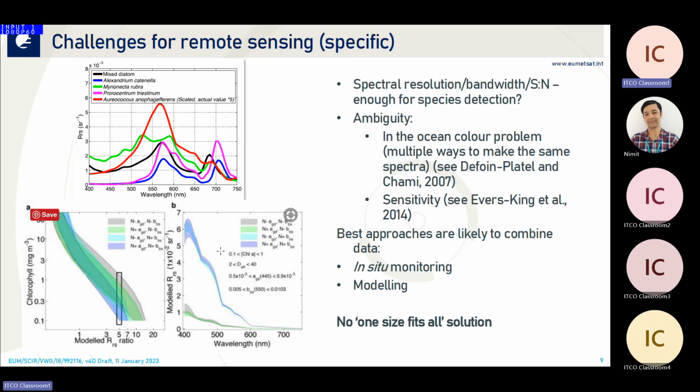But we also know that when we want to apply an inversion algorithm to go from remote sensing to species, there is no direct relation. In statistics, it's called, I think, an ill-posed problem. We have the same signal for many different combinations of things that are in the water.